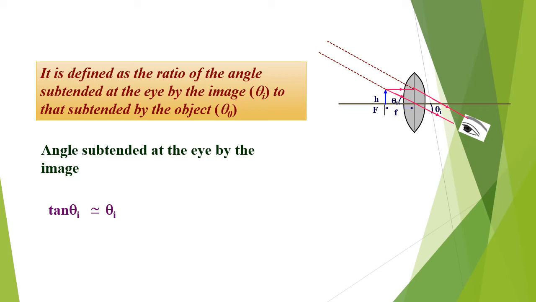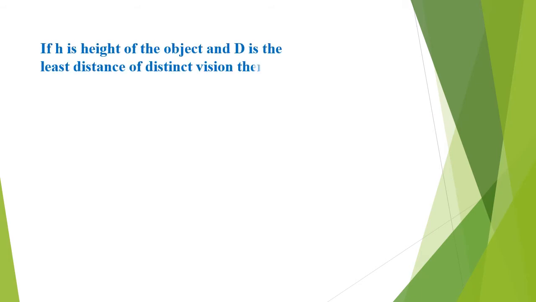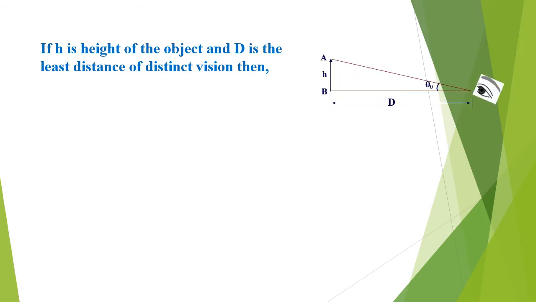For a smaller angle, tan theta is taken as theta. That is equal to h divided by focal length f. If h is the height of the object and d is the least distance of distinct vision, then tan theta naught, the initial angle theta naught, is h divided by d.